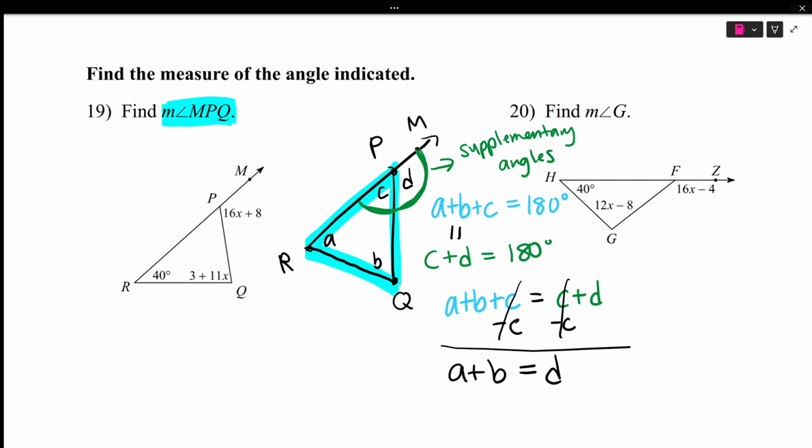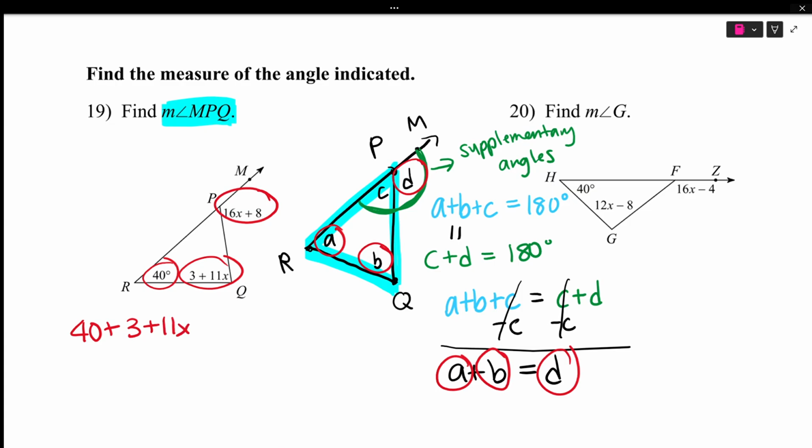So the idea here is this angle plus this angle is equal to the outside one. So if we want to use that in our problem, we're basically just going to say 40 plus 3x plus 11x equals 16x plus 8.